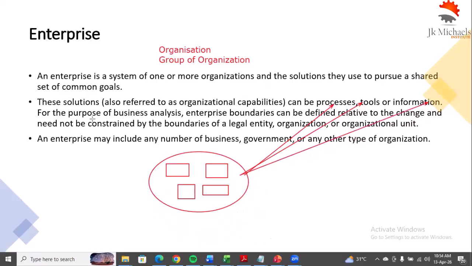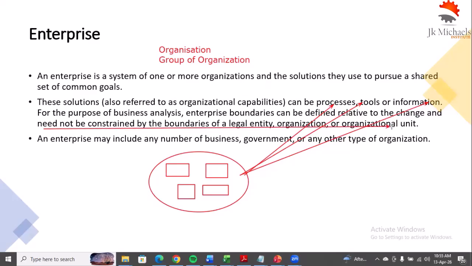Now, for the purpose of business analysis, enterprise boundaries can be defined relative to the change. So in other words, we would not define enterprise boundaries by the going concern or the legal entity, right? So it's not ABC PLC or ABC Limited. We don't define what an enterprise is in business analysis by the boundaries of a legal entity or a company or a department.